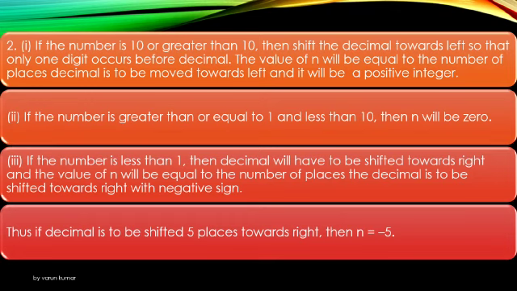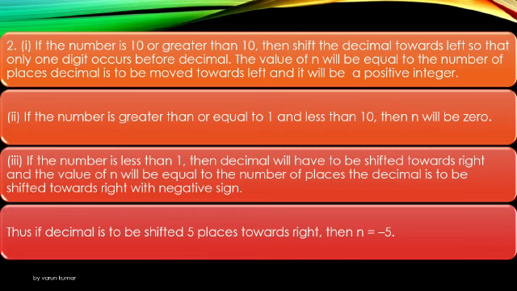Rule 2: if the number is 10 or greater than 10, then shift the decimal to the left so that only one digit occurs before the decimal. The value of n will be equal to the number of places the decimal is moved to the left, and it will be a positive number. It is usually used for large numbers, when we have to change a large number into standard form.